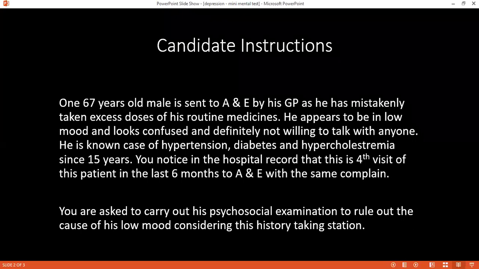All right, ma'am. So my patient is a 67-year-old gentleman who's been suffering from hypertension, diabetes, and hypercholesterolemia. He's here because of low mood for the past 1 week. He has had similar episodes in the previous 6 months, and he has remained admitted for his mental health issues as well.